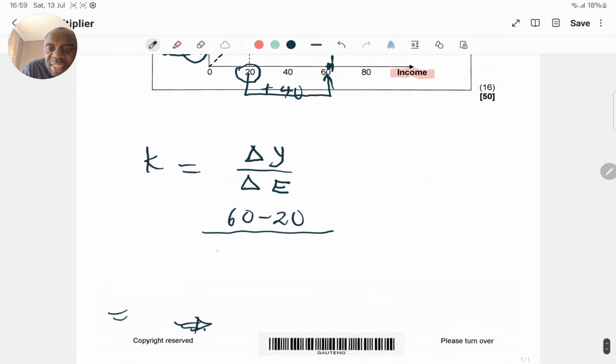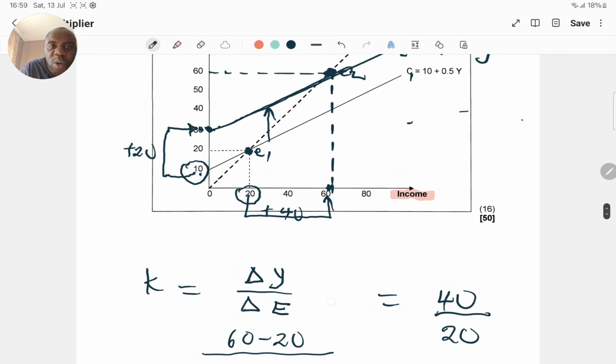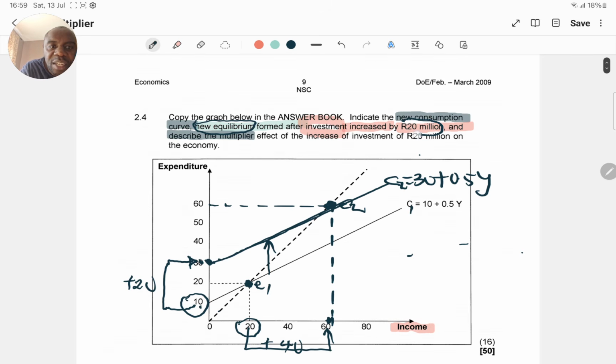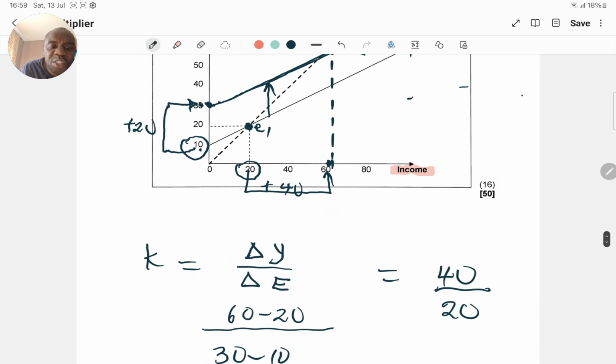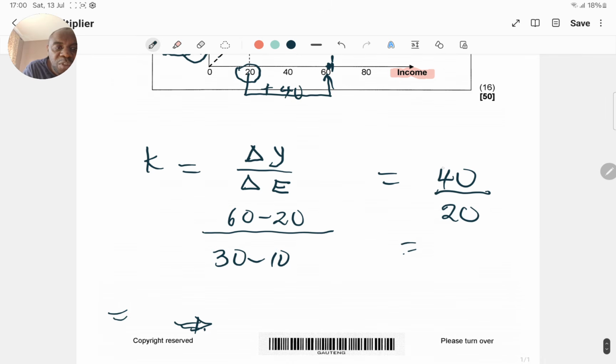So 30 minus 10, which is the 20. This 20 is what we are given by the examiner. And how did we get this 40, by the way? Remember, we said 20 times 2. That's how we got the 40. And we get here 40 divided by 20. We get 2.